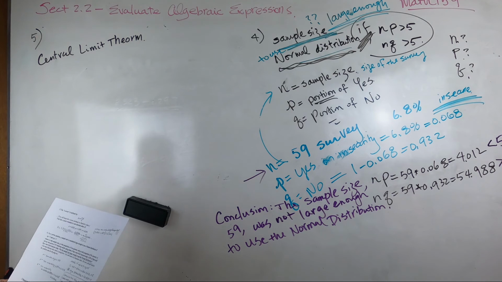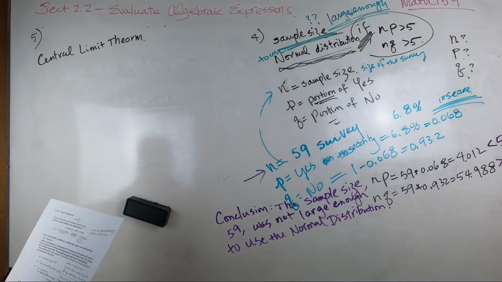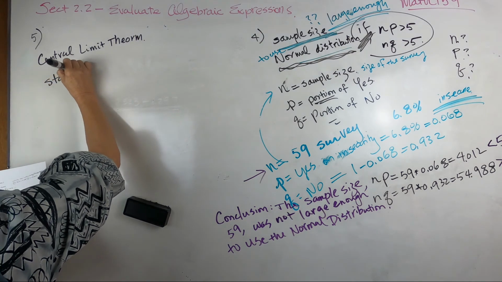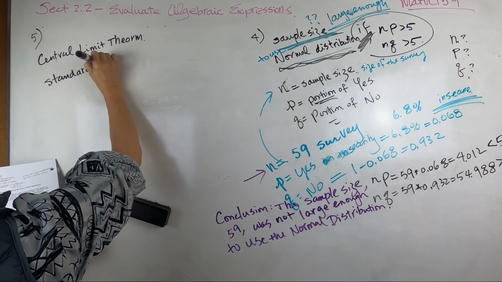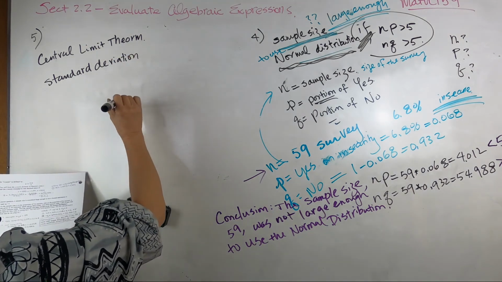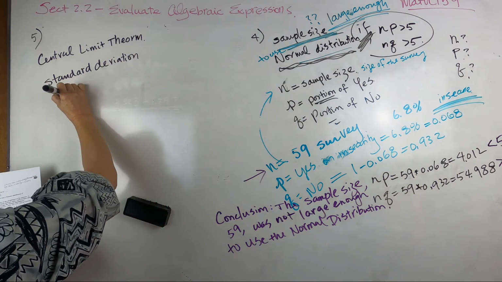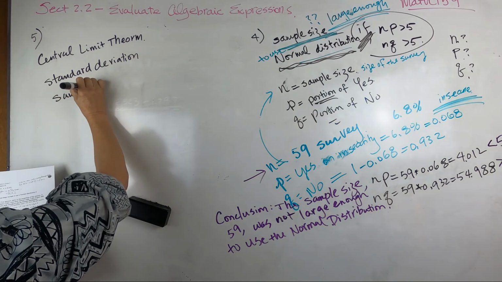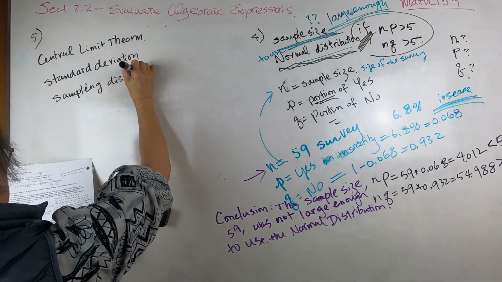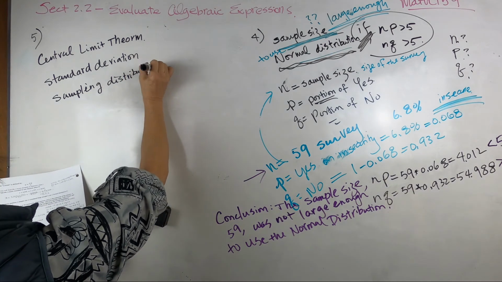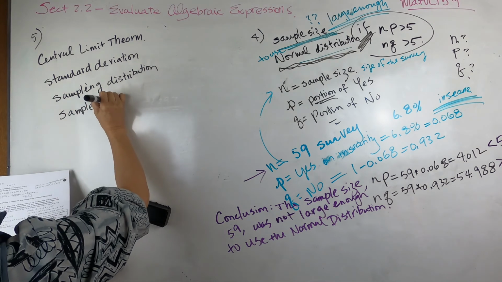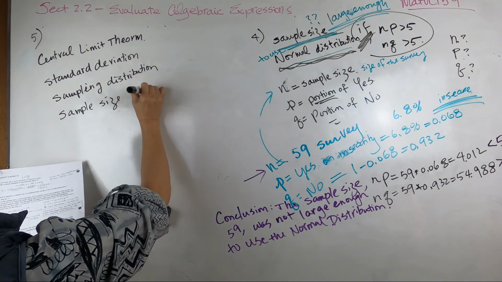And it says the standard deviation. So you have something called standard deviation. That's new to you, right? Of the sampling distribution. You don't know what that is, right? Then you also see sample size. Sample size is n.